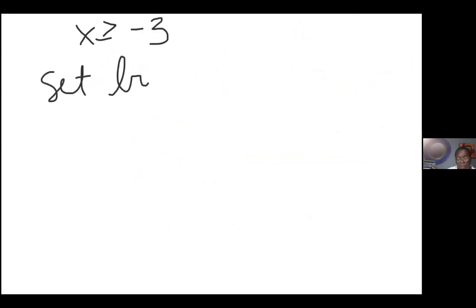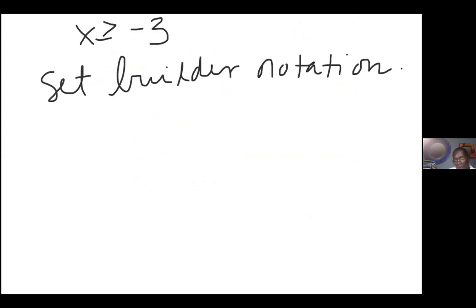Next, we're going to have to graph these solution sets on the number line. By the way, I forgot to mention this: set builder notation. This is the only time I am going to mention this. Set builder notation is another way of writing the solution to an inequality. You're writing the solution in set notation.